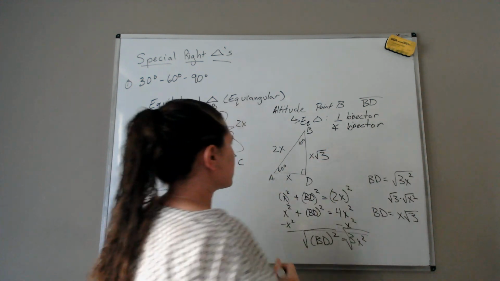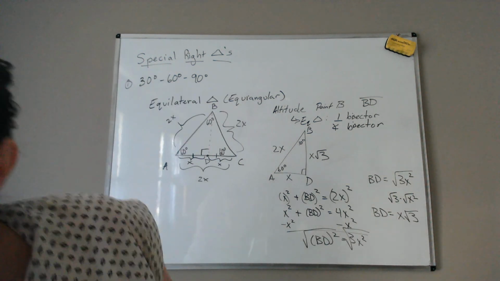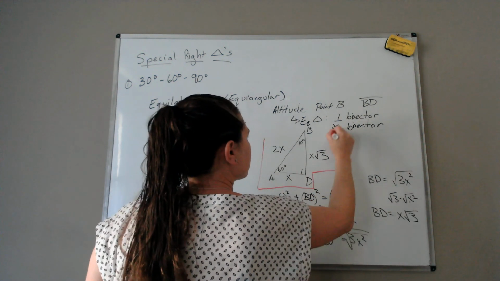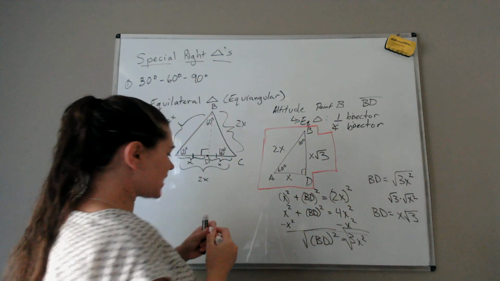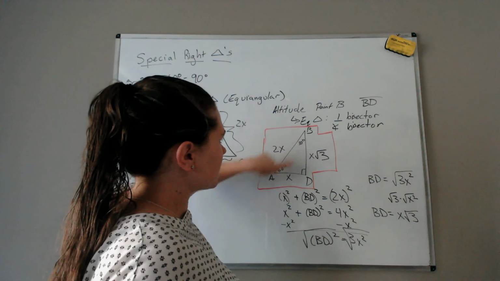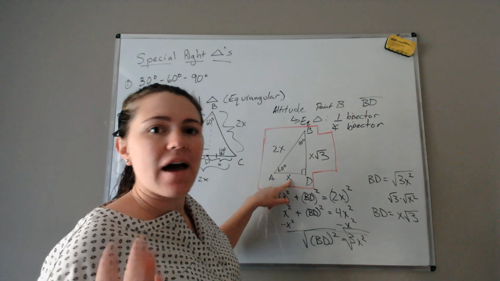Okay, so this is true. This is what's so special about a 30, 60, 90 triangle. What this is saying is, whatever is opposite 30, so notice opposite 30 right now is just x. So that could be any value at all.